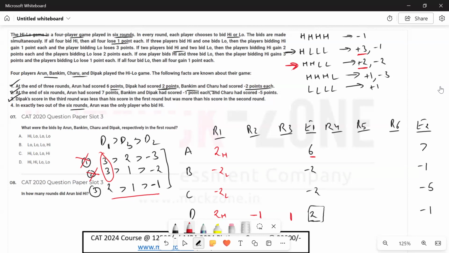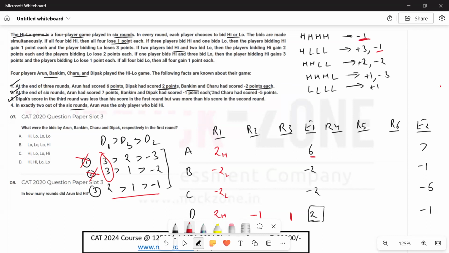अब what will be the value for R2? R2 में we know that D1 is equal to minus 1. So if D1 is equal to minus 1, which all case is possible? ठीक है, ये प्लस 2 माइनस 2 है. तो माइनस 1 में कौन से cases हैं? We know that either this case or this case.